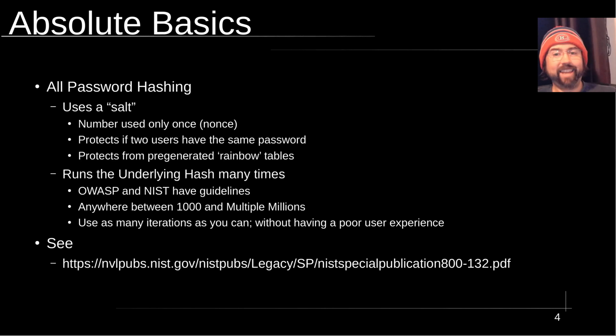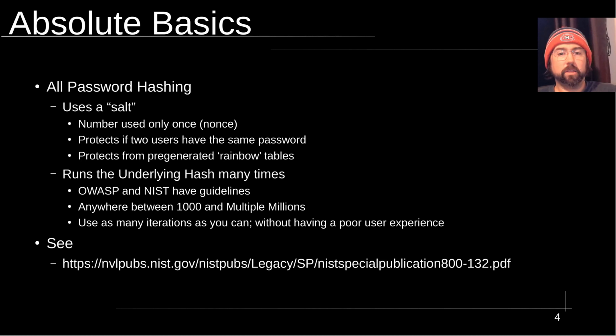OWASP and NIST have guidelines about how many iterations you should use as a minimum, and those two are different. I'll give links in the description about what those are. The amount of iterations you should use differs between 1,000 or many millions.